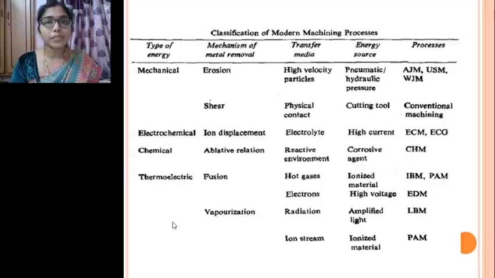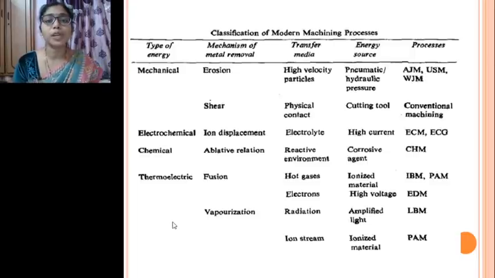And what are the other differences which we have seen in the last session? In a conventional material removal process, since it is only mechanical removal, the tool will be in contact with the workpiece surface. Since the tool is in contact with the workpiece surface, the amount of forces generated during the material removal process is higher. Whereas in an unconventional process, the tool will not be in contact with the workpiece surface.